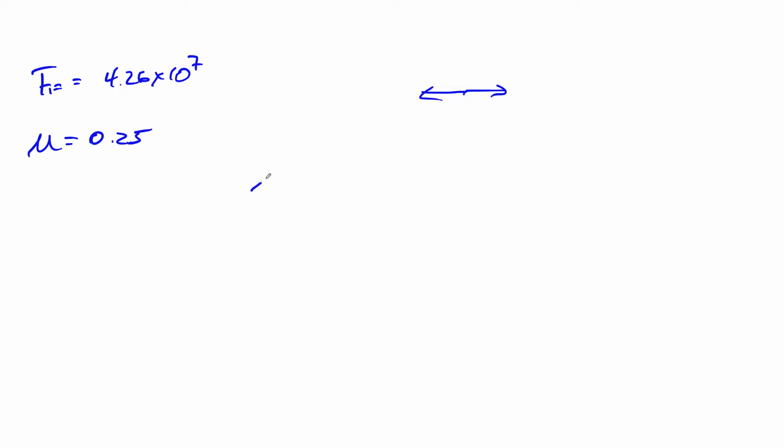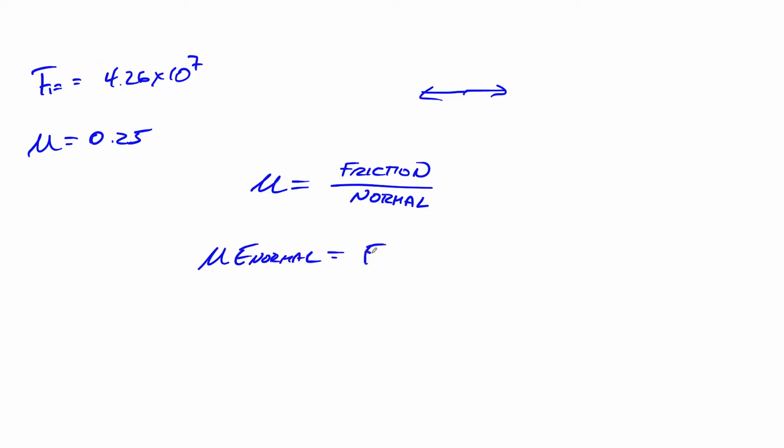Right, let's solve, because the coefficient of friction is equal to the friction force divided by the normal force. We're looking for the normal force, so multiply both sides by the normal force. The coefficient of friction times the normal force is equal to the force of friction.